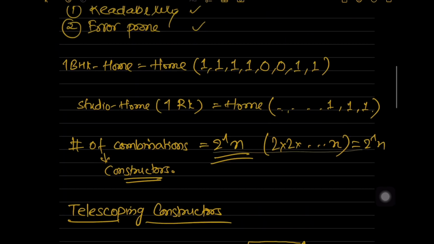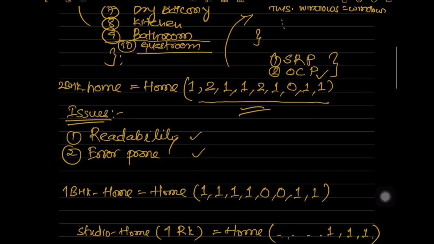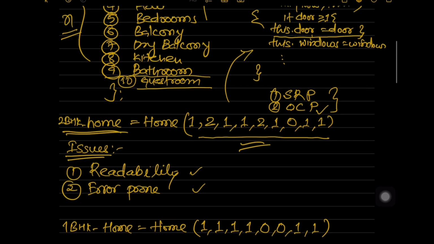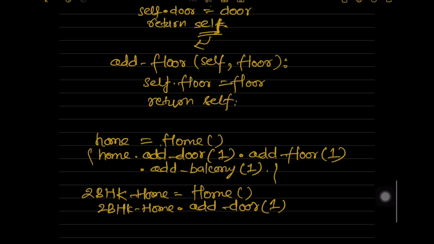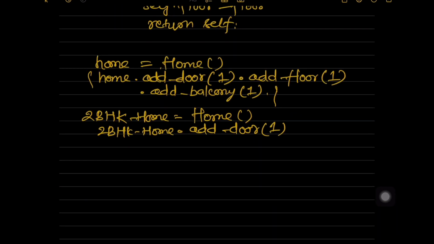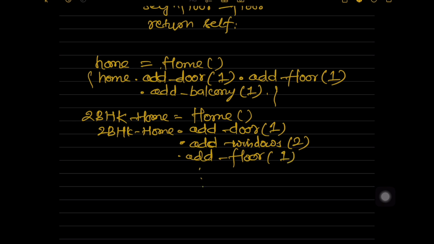You remember this example that we started with, this 2 BHK home I'm talking about. There was one door, 2 windows, and this one. Similarly, when we write those methods, .add_door(1), then we can do .add_windows(2), then .add_floor(1), and so on. I hope you get the point.